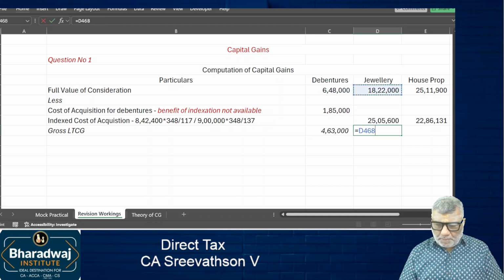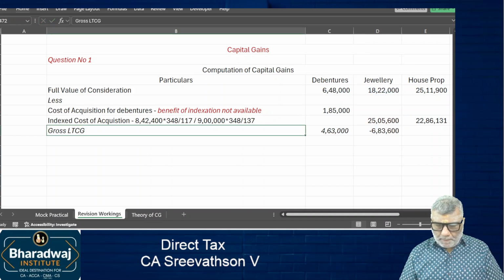Only the indexation benefit is not available.